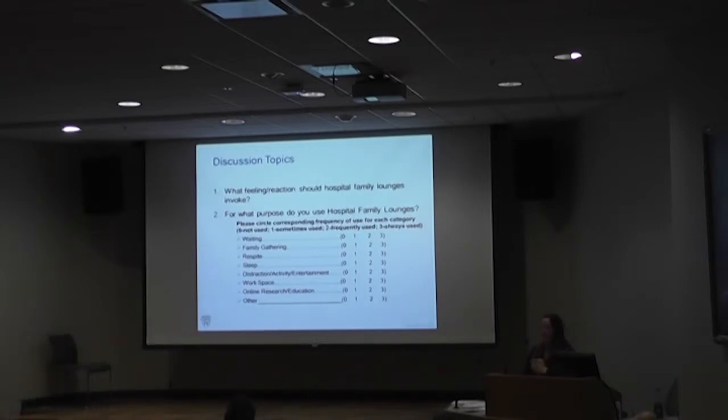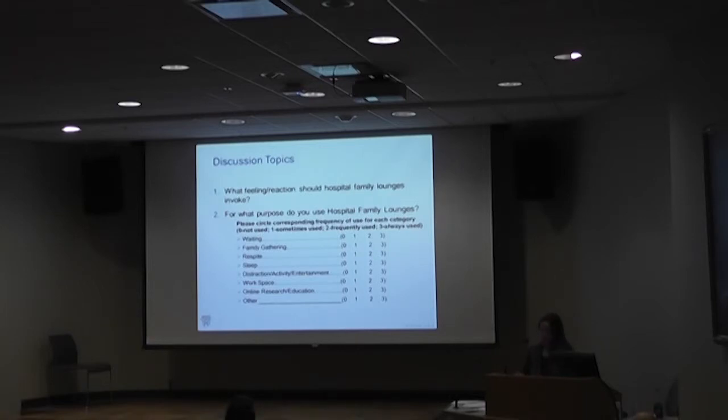I'm just going to point out a couple of items related to the construct of the survey because it looks really wordy and I don't want it to be complex. But if we look at question 2, it's: for what purpose do you use hospital family lounges? I've already created some ideas based on what I see out there, things like waiting, family gathering, respite, or sleep.